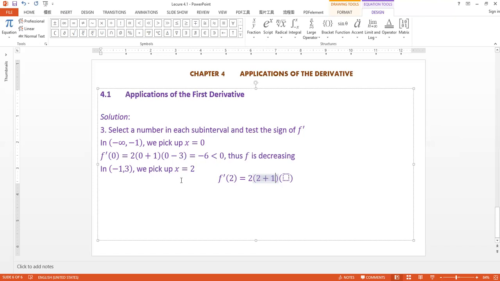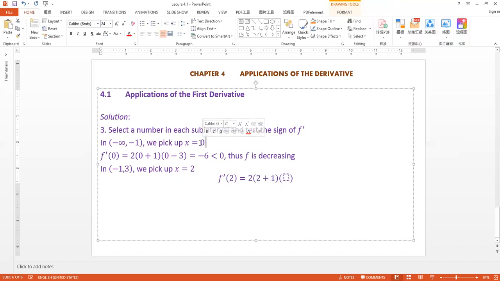So 2 is between them. Oh, okay. I see. Actually, I made a mistake. I'm sorry. We should not pick up 0 in the first subinterval. 0 is not between -infinity and -1. So we can only pick up a number less than -1. So why don't we just do -2?